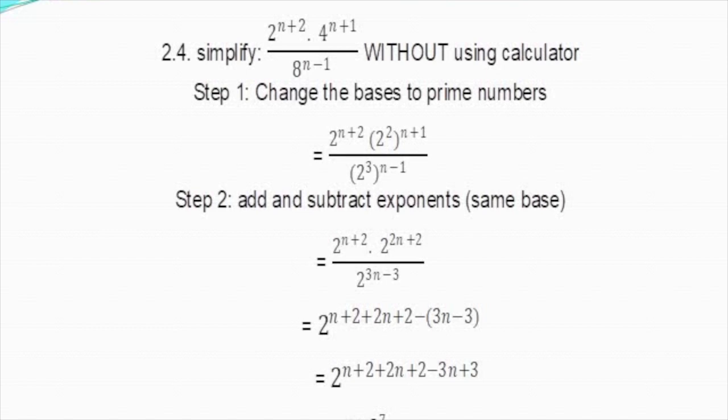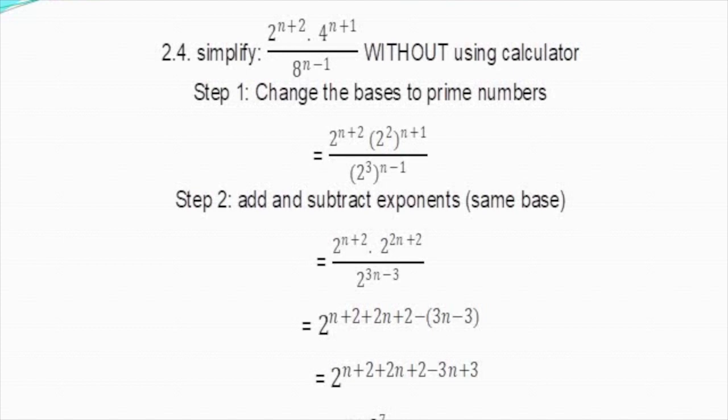So we write it in exponent form, 2 to the power 3 times n minus 1. So therefore, after we have changed the bases to prime numbers, we are going to have 2 to the power n plus 2 times 2 to the power 2n plus 2, divided by 2 to the power 3n minus 3.